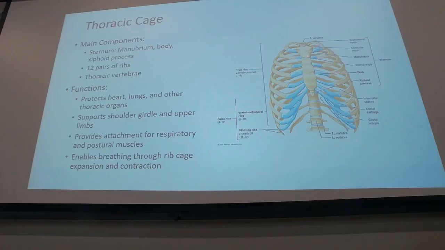So then the next part of the sternum is the body or gladiolus. And then the last part will be the xiphoid process. This xiphoid process, typically in young people, is made out of hyaline cartilage, and over the age of 35, it becomes solidified.